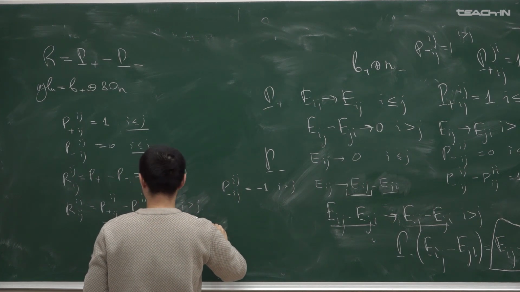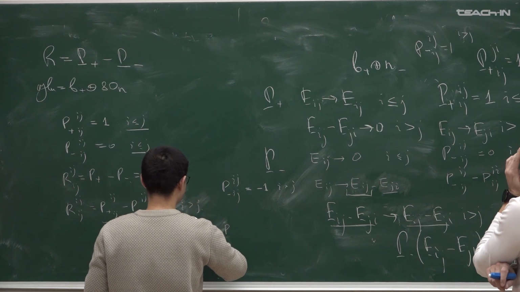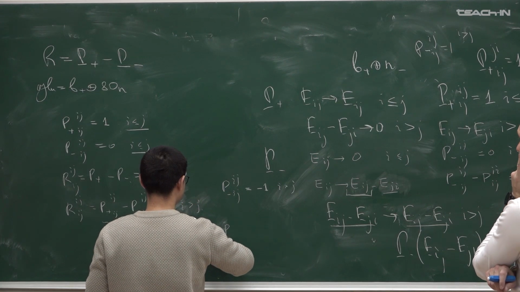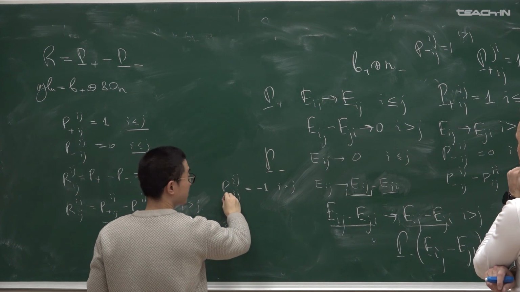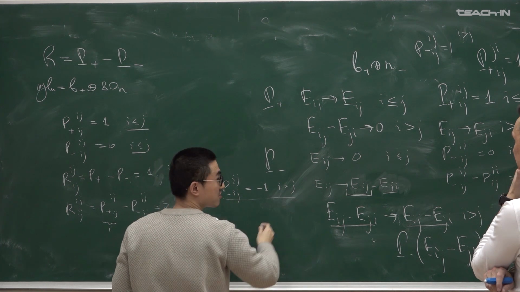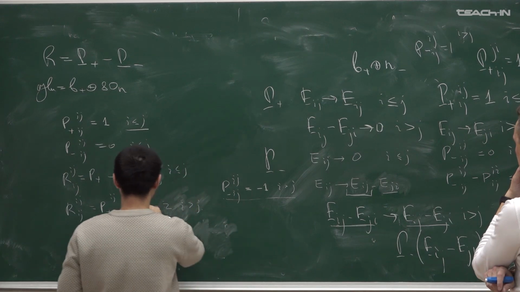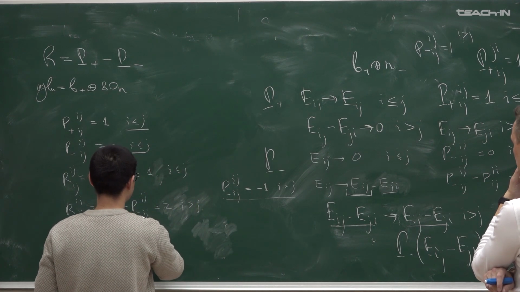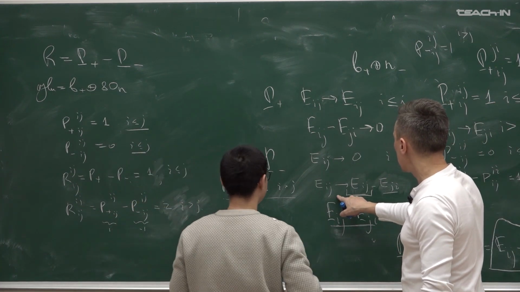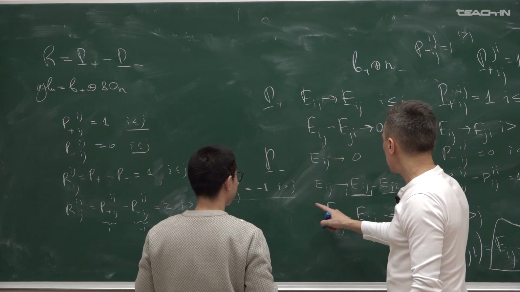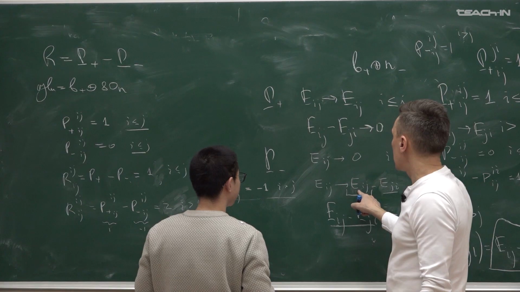Why is it minus 1? Because we have this relation. So it is minus 1.